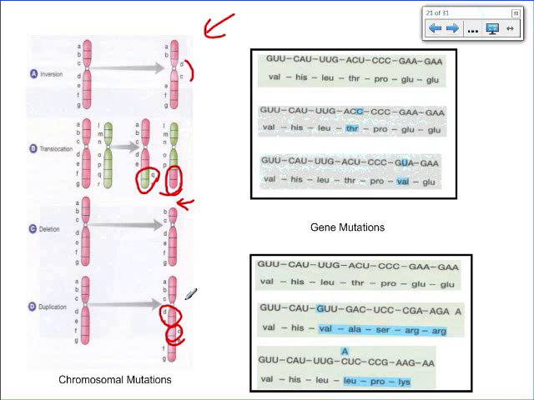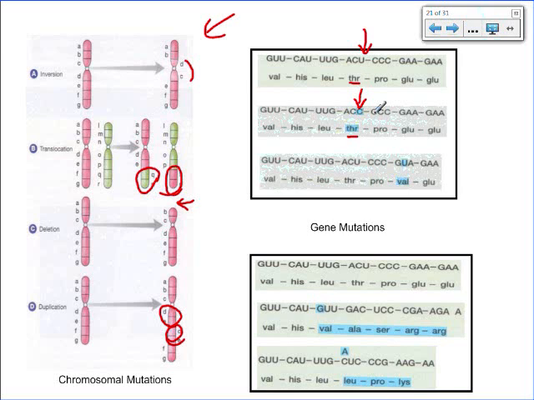Okay. Gene mutations, on the other hand, if you look, this one would be an example of a silent mutation. So here's where the mutation happens. ACU becomes ACC. But if you look on your chart for codons, both of those codons code for the same amino acid.